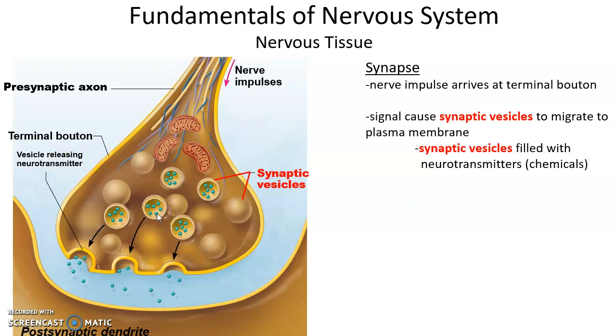This will signal the synaptic vesicles to migrate to the plasma membrane of the terminal bouton and to release the chemicals, the neurotransmitters, into this space, the space called the synaptic cleft. So again, the nerve impulse arrives, synaptic vesicles then are signaled to migrate via exocytosis down to the plasma membrane and to release the neurotransmitters into the space between the two neurons.